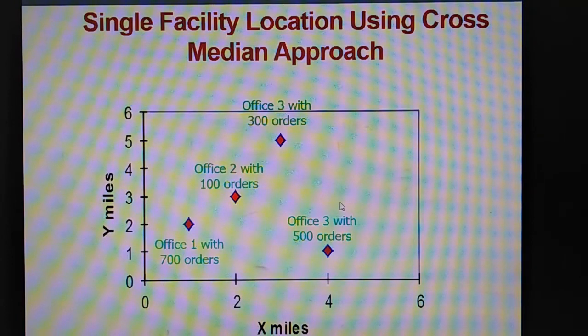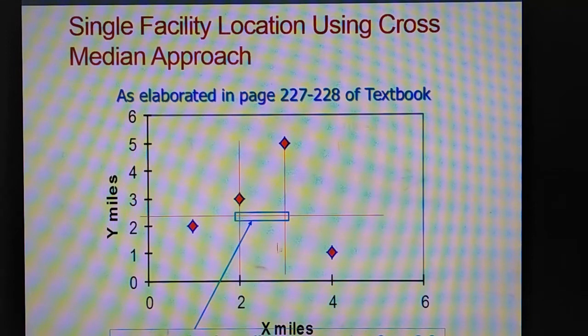In the next slide, it is highlighted that based on the median calculation for XS and YS, as shown in tables 8.3 and 8.4, the best location for your service center to serve all four customers is somewhere here, at a y-axis coordinate of 2 point something, and at an x position from 2 to 4.